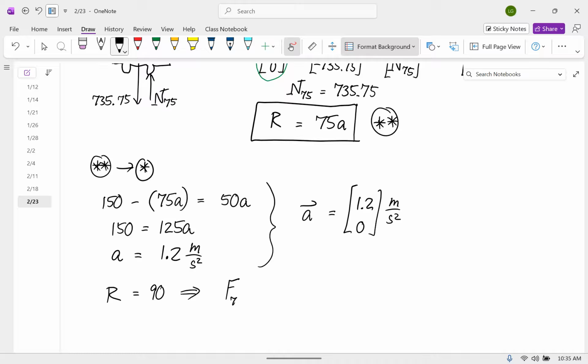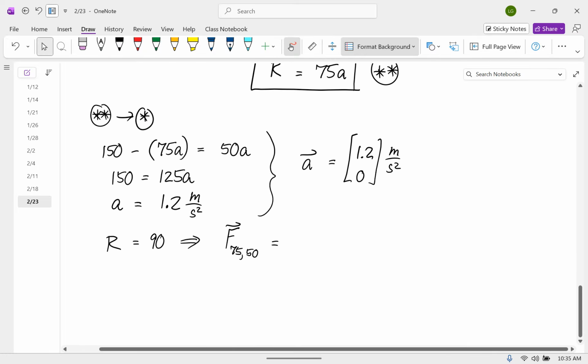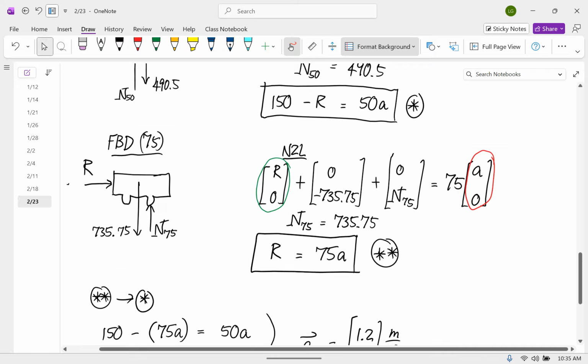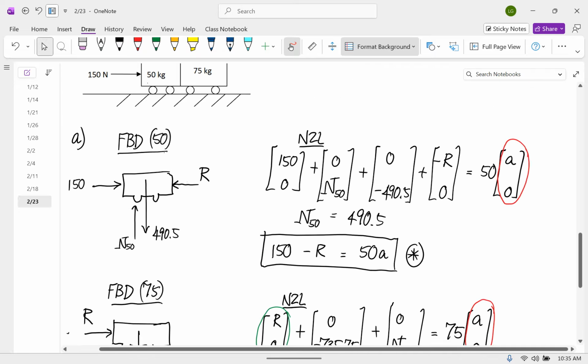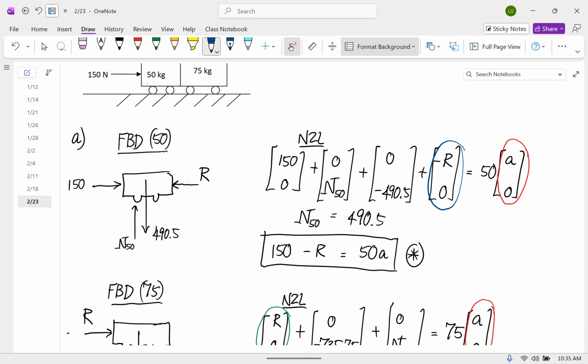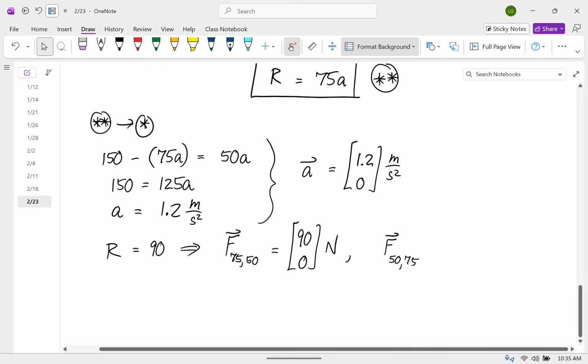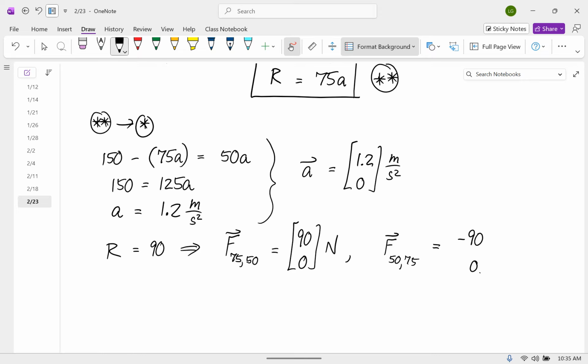So the force vector on the 75 by the 50 is 90, 0. And for the force on the 50 by the 75, we could go up to this equation, and this is the force on the 50 by the 75. Or we could just recognize that it's a Newton's third law pair and it has to be equal and opposite to this one. Either way, you get the same answer, negative 90, 0.